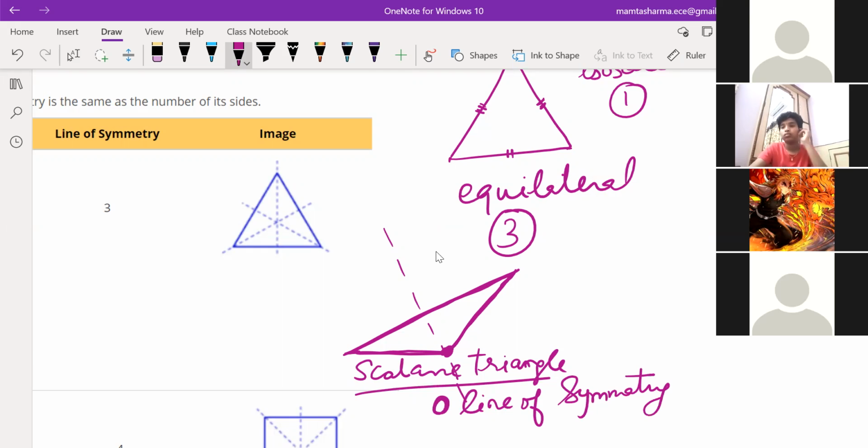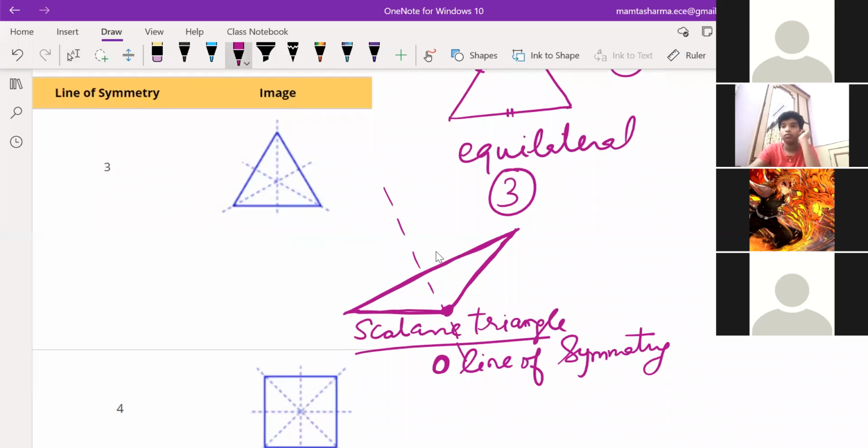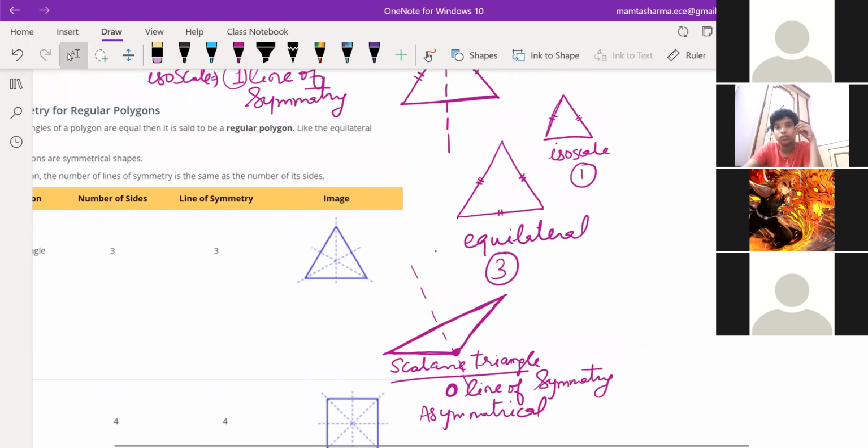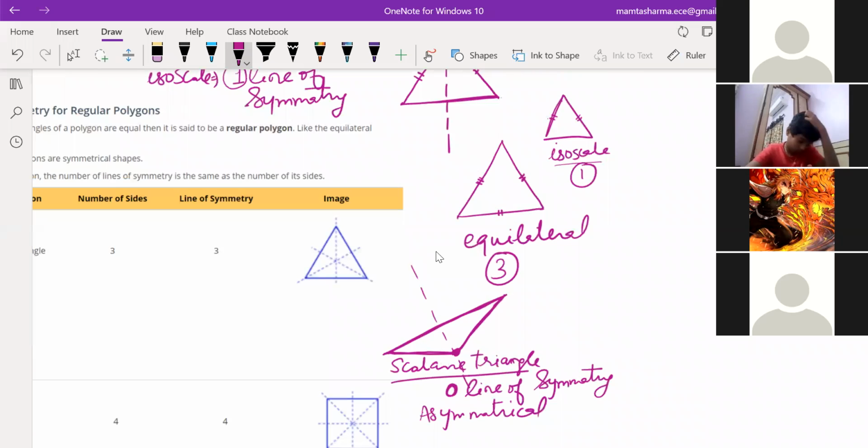It is an asymmetrical figure. Clear? Surely, 100% this question will come. This is the most important question. In triangles they will give the different names of the triangle, and they may ask how many lines of symmetry will exist. Clear?